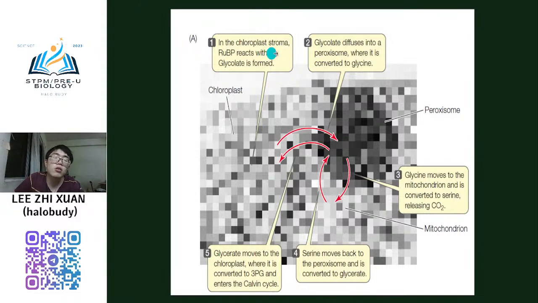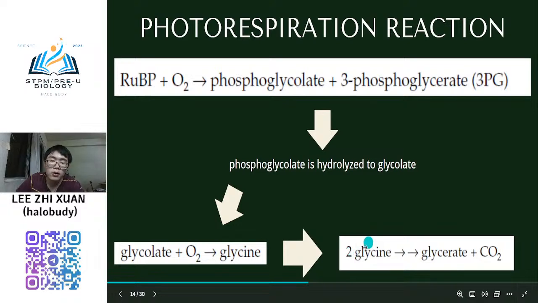So in the chloroplast, this one, I don't know why the image is blurred, but I just put it. So normally we assume that this is the chloroplast. In the chloroplast, RuBP will be added with oxygen, and then glycolate is formed. And then after that, this glycolate will be diffused into the peroxisome, where it is converted to glycine.